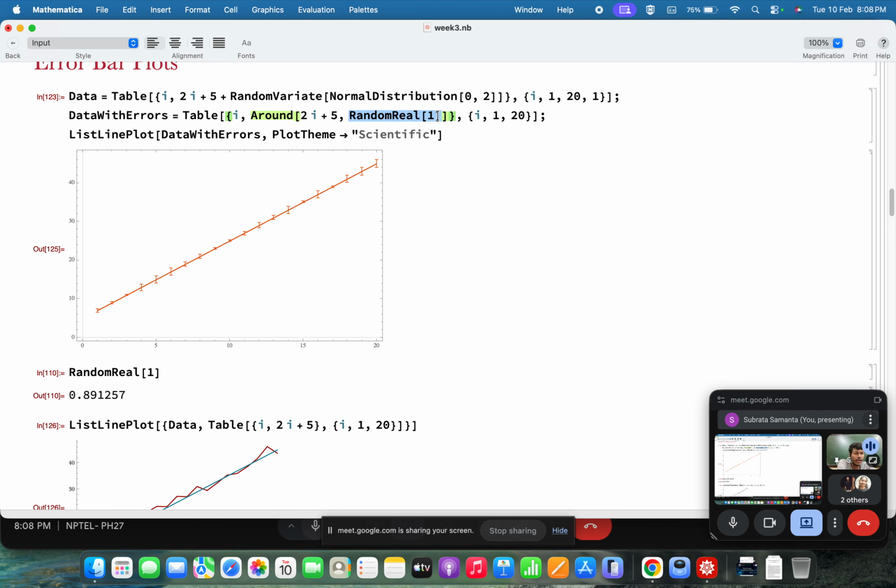So they are all random numbers. So, do you see my point, or is it still unclear? Yeah, any question?